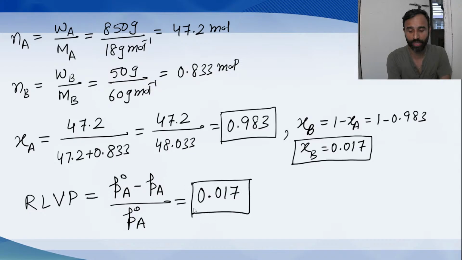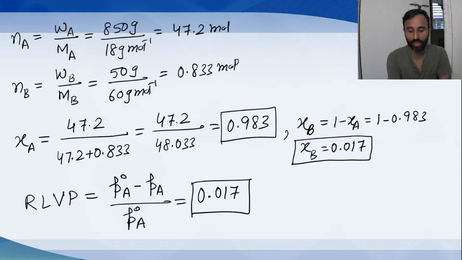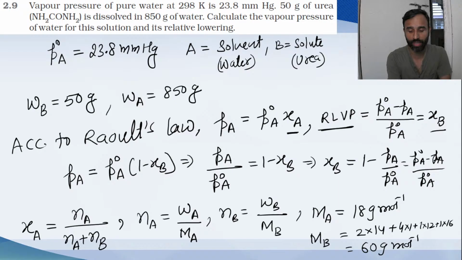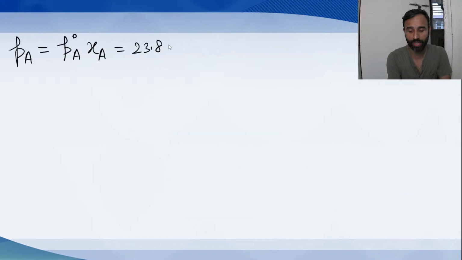And what is PA? So PA equal to P naught A into XA. P naught A is 23.8 mmHg. And XA is 0.983.